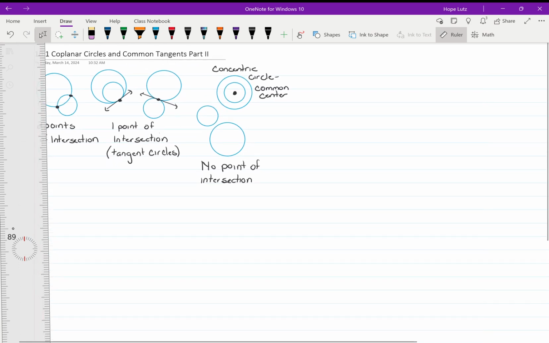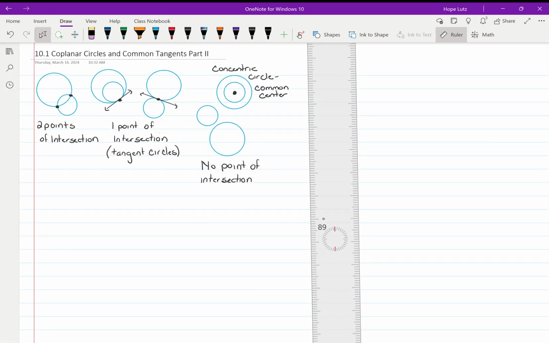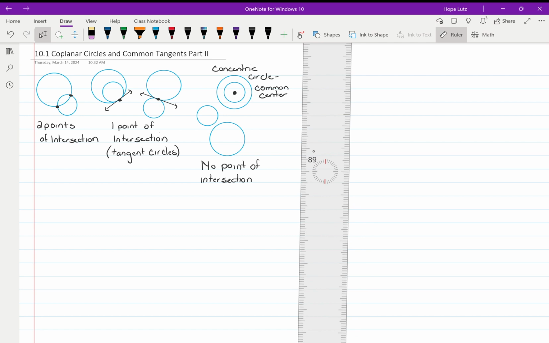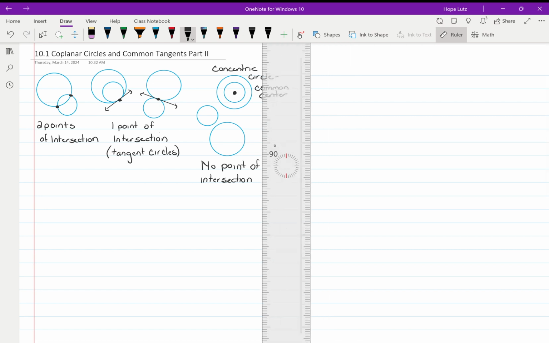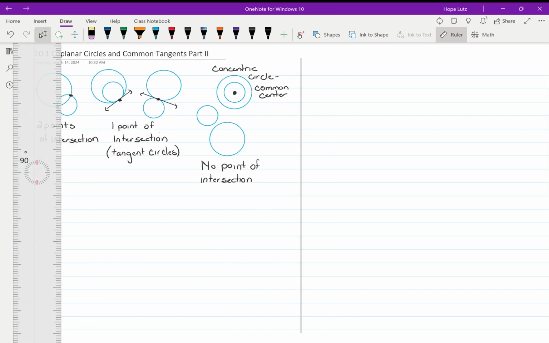So I'm going to shrink that down just a little bit. I'm going to draw my median line over here, and do my example over here. So we're going to do example 1.